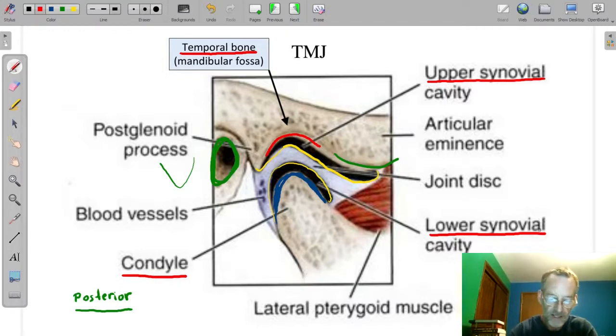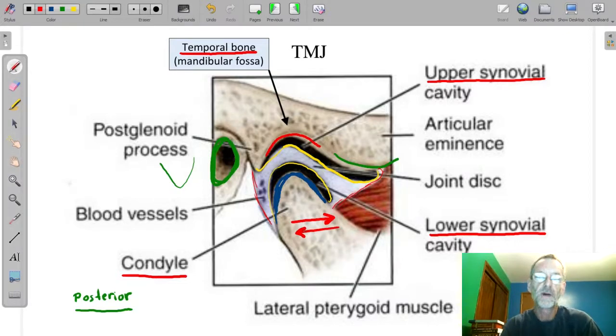And then you have a fibrous capsule that goes around it, like any other synovial joint. There's a capsule that goes around. And the anterior surface is a little bit flexible. Remember, this joint has to move. Remember that the mandible is going to move in this direction, forward and back, protrusion and retraction.